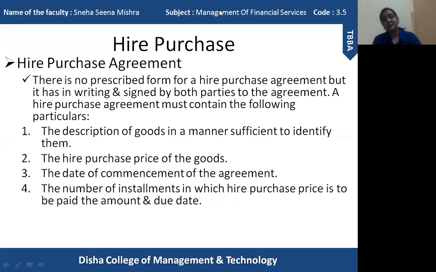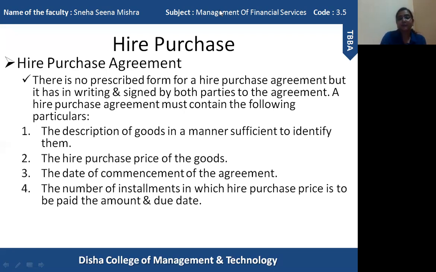Next, the hire purchase price of the goods. The total price of the goods must be mentioned in the agreement, as well as the installment price, the amount of each installment. The next one is the date of commencement of the agreement, meaning from which date the agreement has commenced.